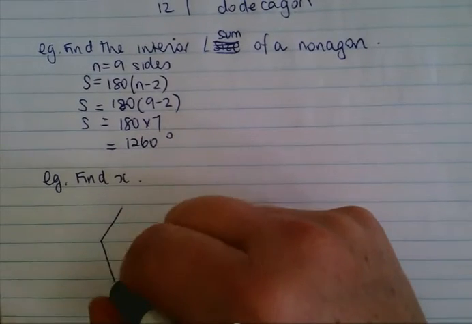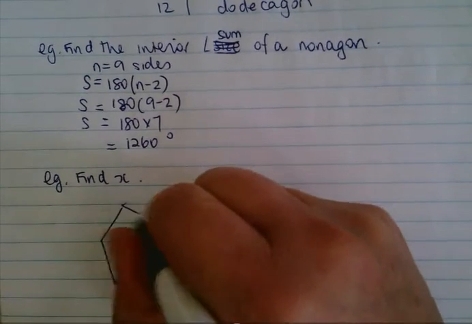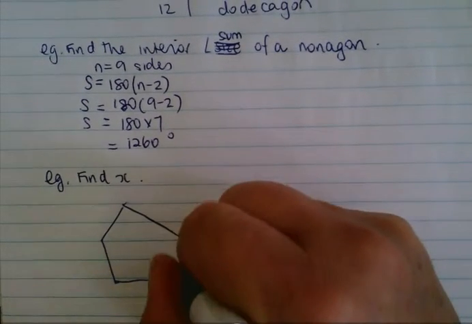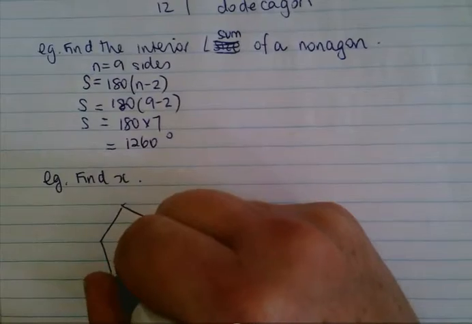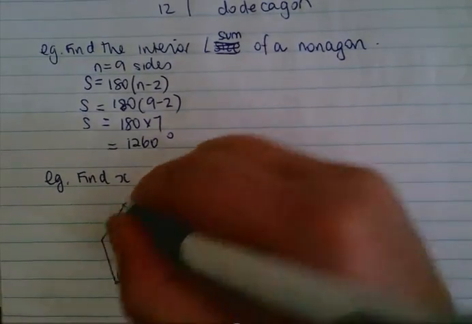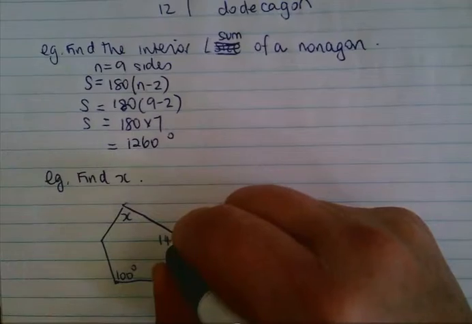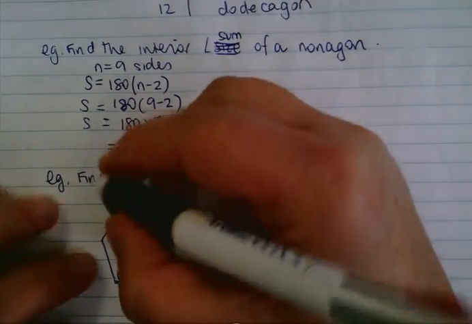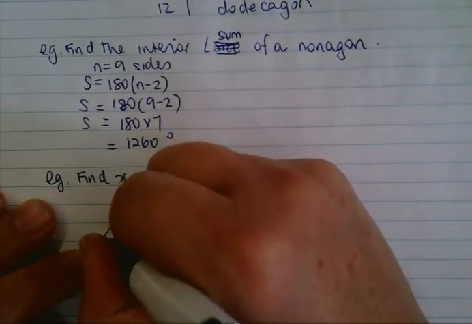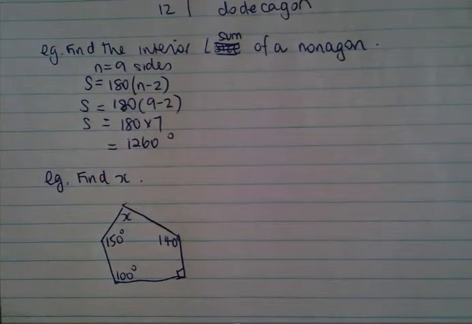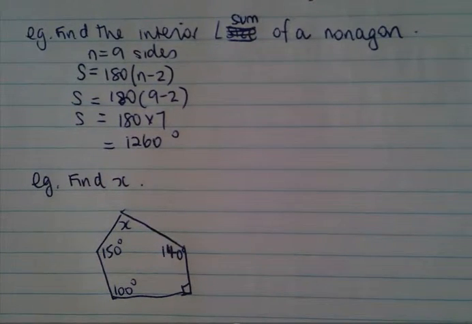Next question, find X. By some formulas. So girls, first I would know how many sides my shape has. Last term we looked at the angle sum of a triangle is 180, and the angle sum of a quadrilateral is 360.